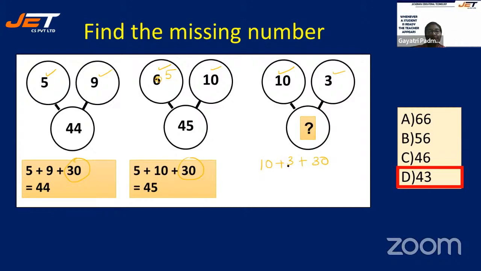So 10 plus 3 is 13. 13 plus 30 is 43. So that is why option D is right. See here, it's not 1, it's 10. It's a mistake. 10 plus 3 is 13. 13 plus 30, 43.